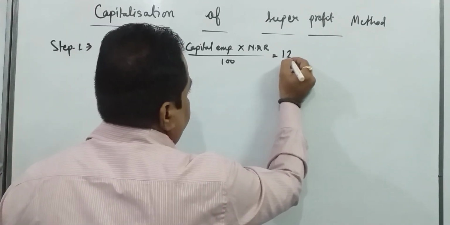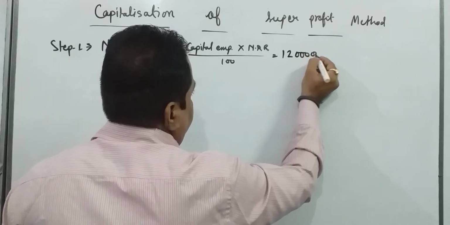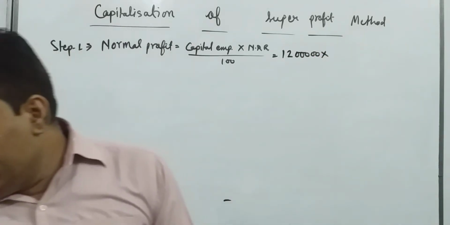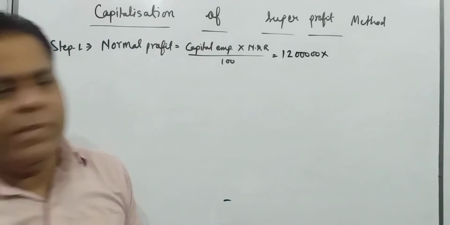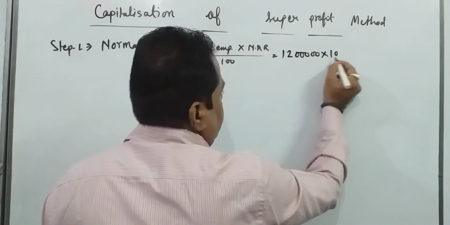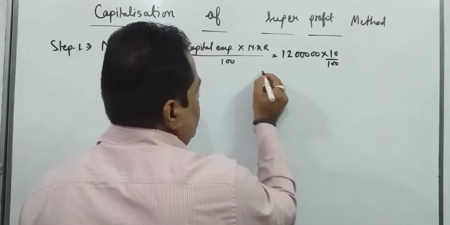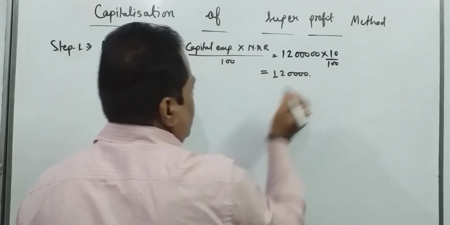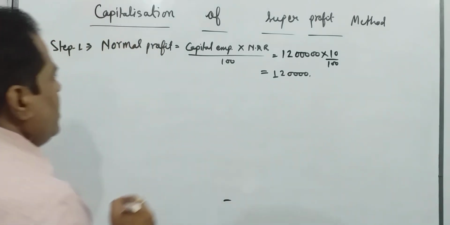And the normal rate of return given in the question is 10%. So what is your normal profit? 1,20,000. This 1,20,000 is your normal profit.